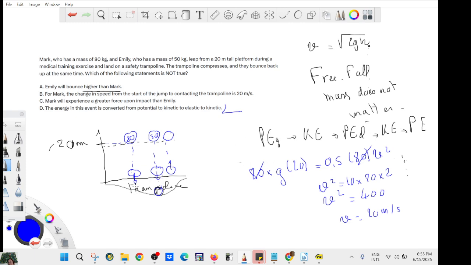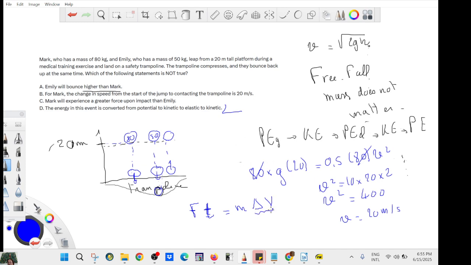And then they will be acted upon by a restoring force, right? The trampoline is going to push on them. The force is not a constant force, but imagine the average force times the time during which they are in contact will be the mass times the change in velocity.